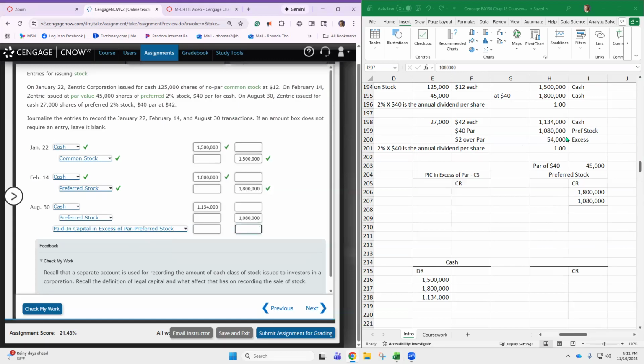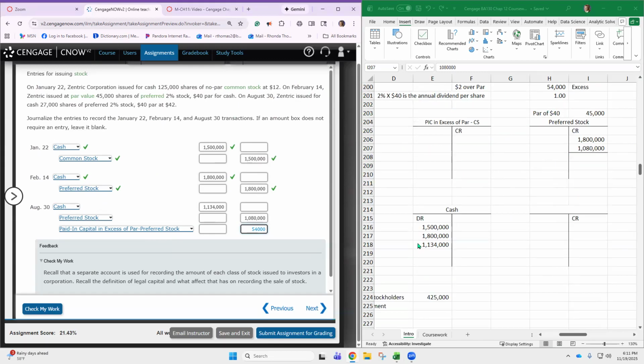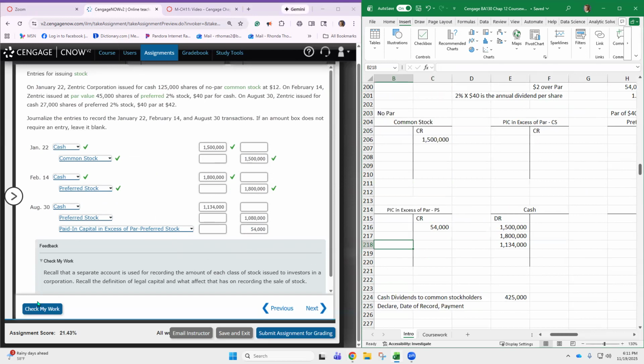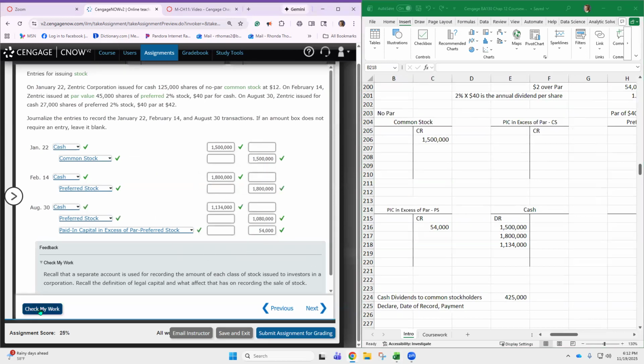So our excess was $2 when we sold 27,000 shares. So an extra $54,000 is going to be put in paid in capital in excess of par. There it is. So there's how it goes. Once again, if you sell a stock for anything above its par, you've got to use that amount in the account called paid in capital in excess of par.